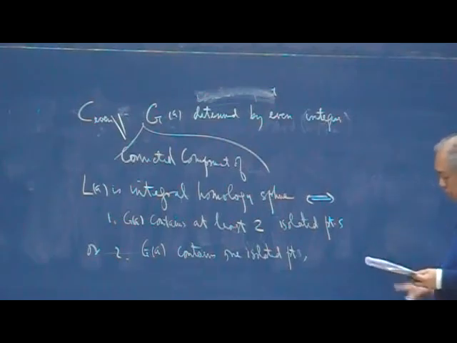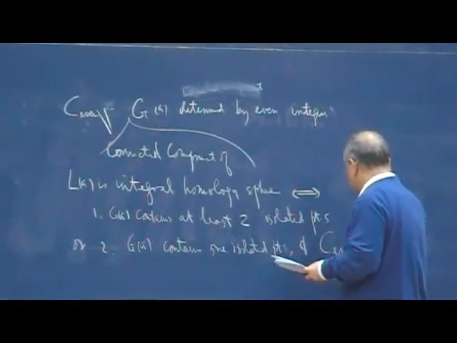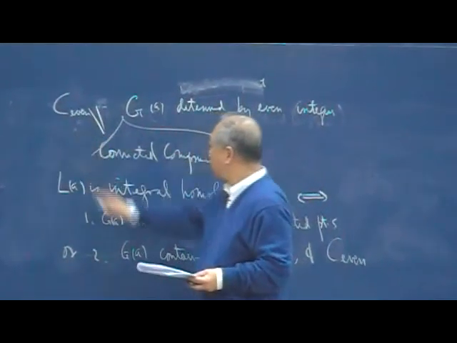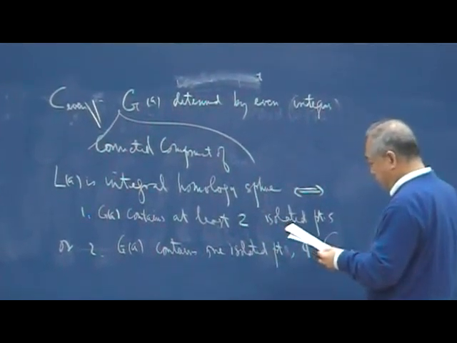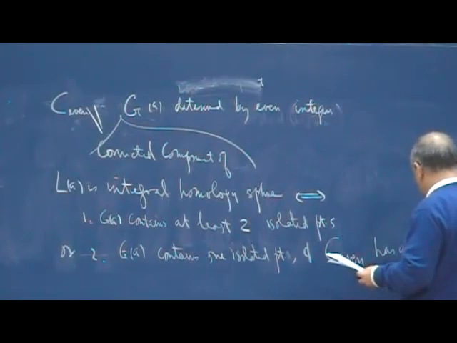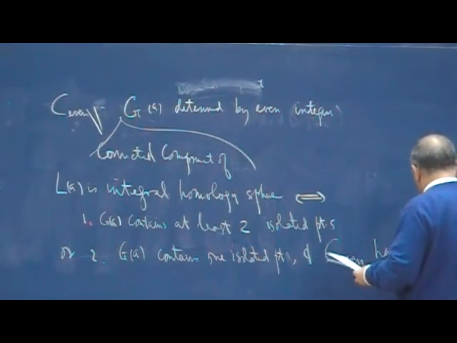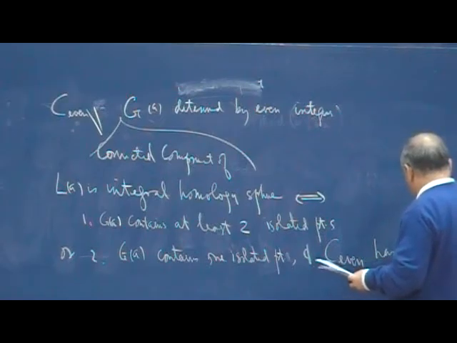Otherwise, it contains one isolated point, and this subgraph has an odd number of vertices. Odd number of vertices.